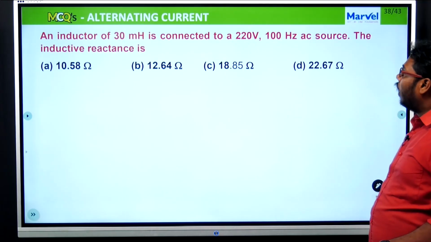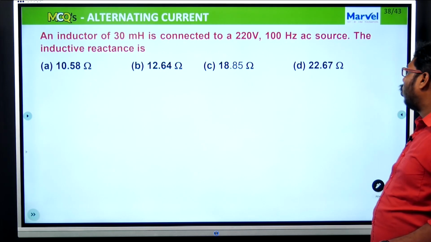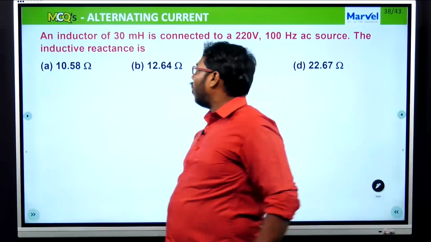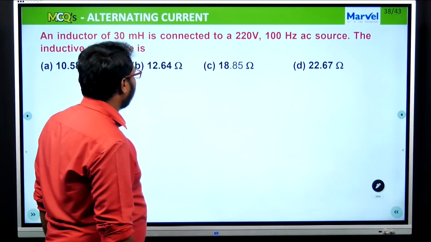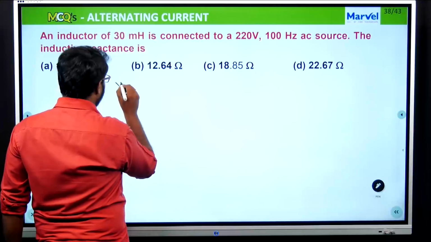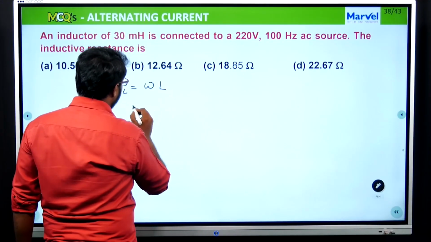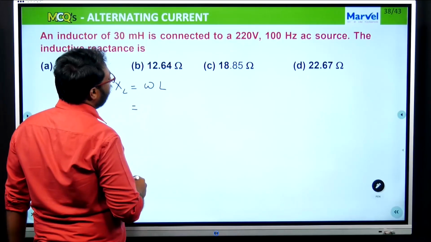Here an inductor of 30 millihenry is connected to 220 volt and 100 hertz of AC source, then the inductive reactance is. Okay, so now you have to find the inductive reactance. So they are directly asking us to find XL, which is nothing but omega L, which is equal to, what is omega by the way?